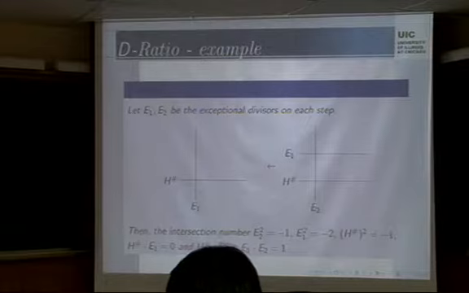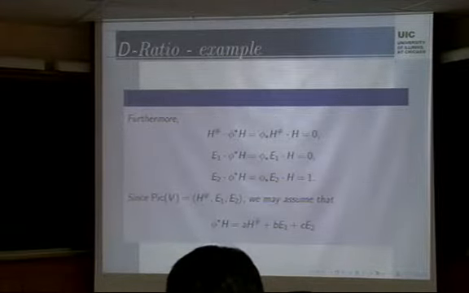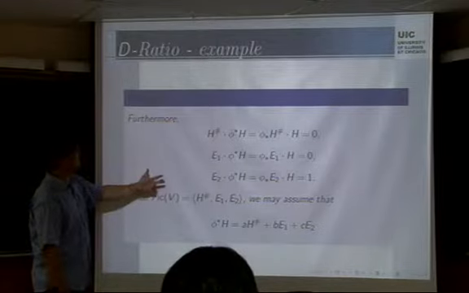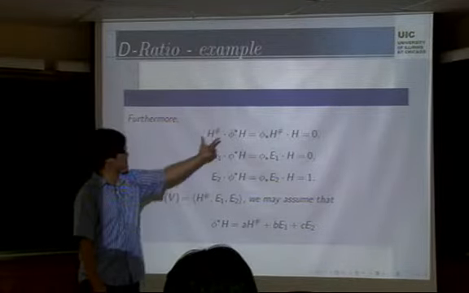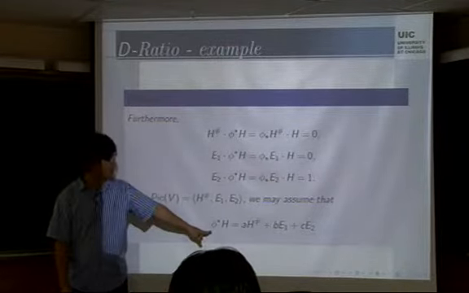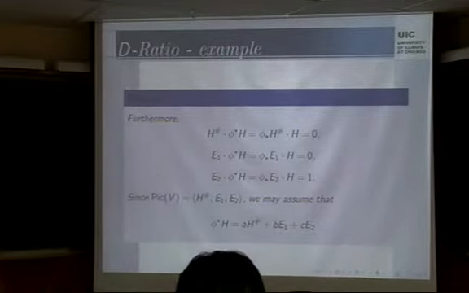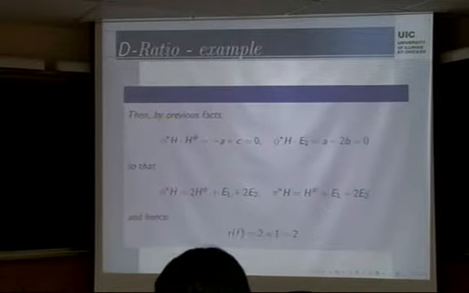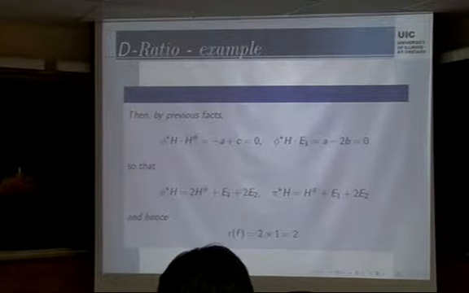Now everything happens on those surfaces, so you can easily calculate the intersection numbers of the exceptional divisors and transformations. So we might have a result using some projection formula of your intersections, and we calculate these intersection numbers like this. And if you have the product of H, just claim everything has coefficients A, B, and C. Then, using previous intersection numbers, you can calculate what A, B, and C are.